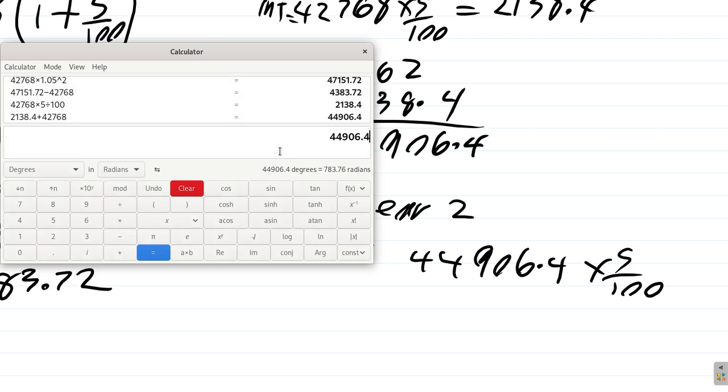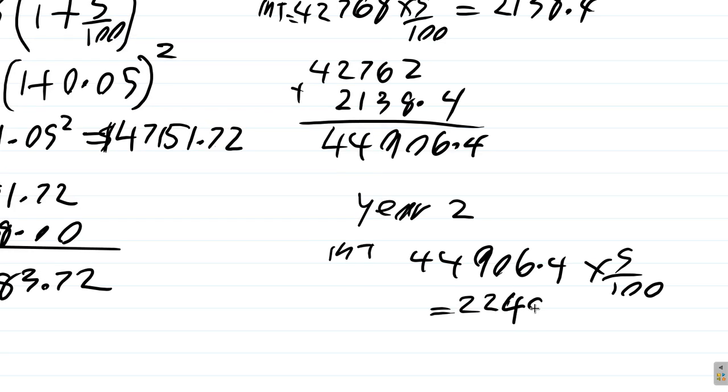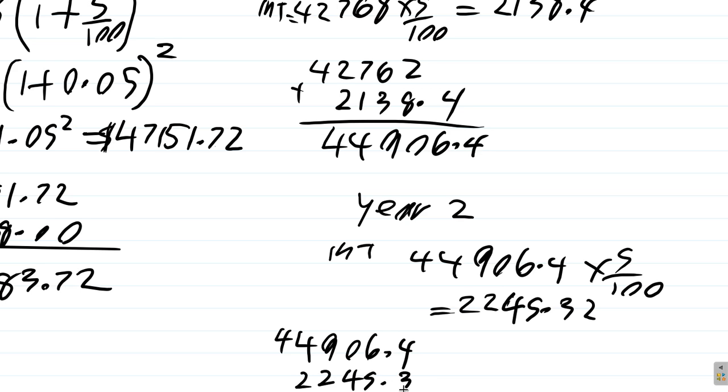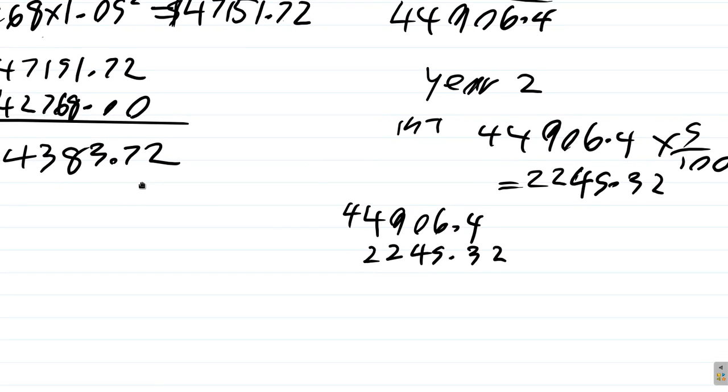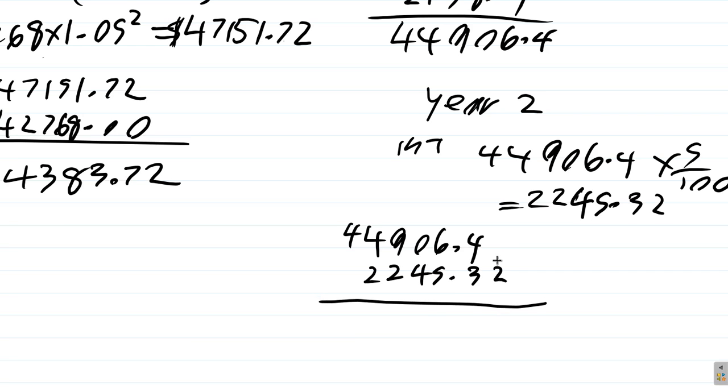So you say this times 5 over 100 equals, and you would get 2245.32, and then you say the 44,906.4 added to the 2245.32 would give you, 4 and 1, 5, 9, 10, 11, bring down 1, carry 1, 4, 5, 6, 7, 4, right?